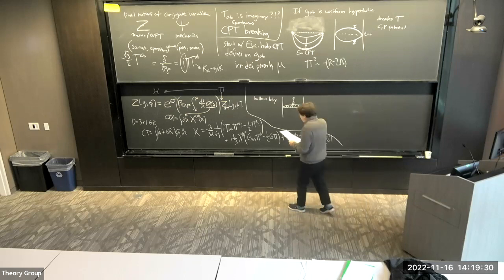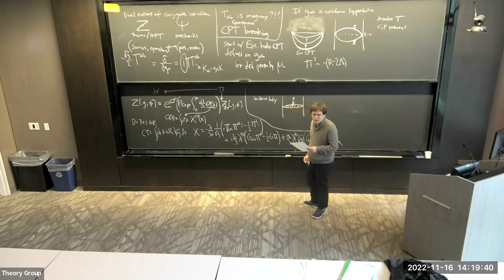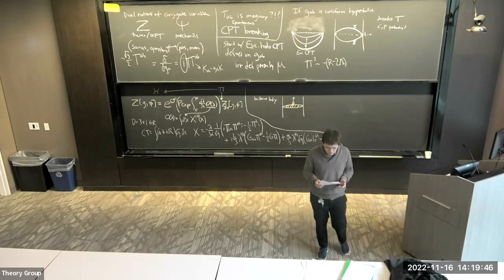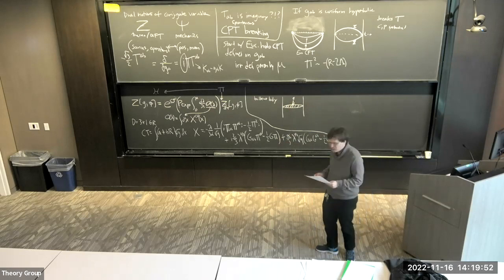So I can just pick some metric and sources. Whatever I pick here defines a partition function with an open boundary. In general, a closed partition function gives you just a number, but an open partition function gives you a state on the boundary because its value depends on boundary conditions.